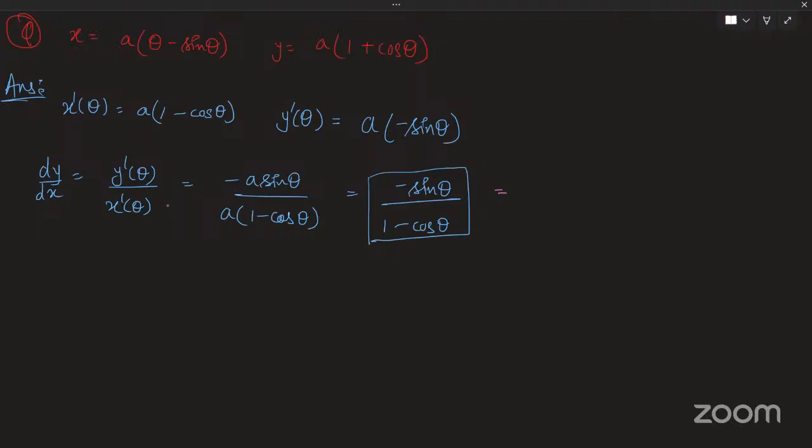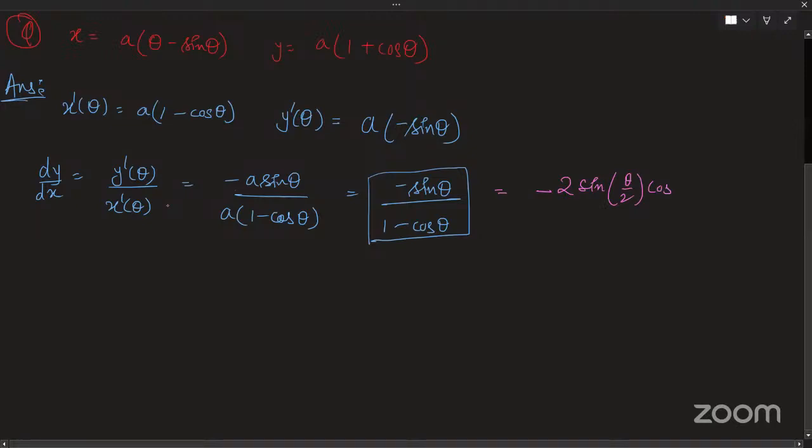So you can just write this in half angle formula. So minus 2 sine of theta by 2 into cos of theta by 2, whole divided by 1 minus cos theta. What is the value of 1 minus cos theta? It's 2 sine square theta by 2.